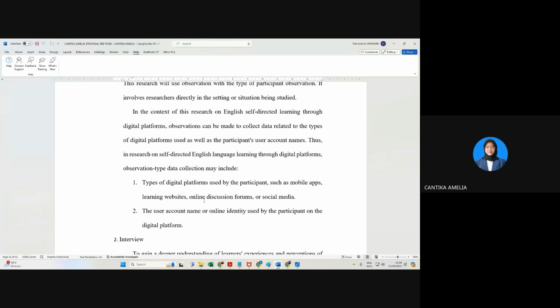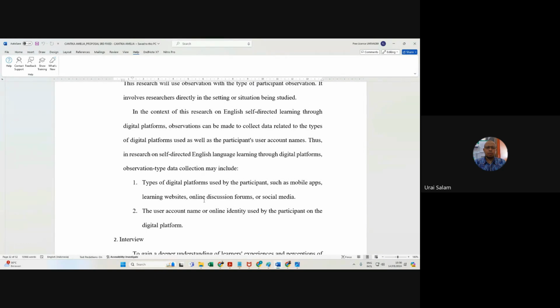I just want to collect the type of digital platform used by the participant and also the user account. How are you going to collect them? By asking them, sir. Asking is not observation. Observation means that you observe. So observe means you watch, you see that they are doing something.